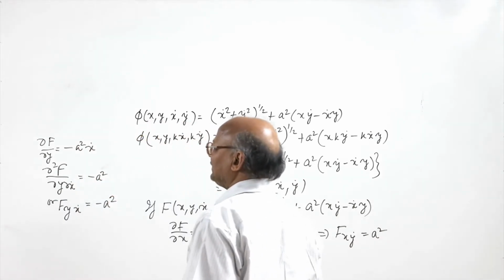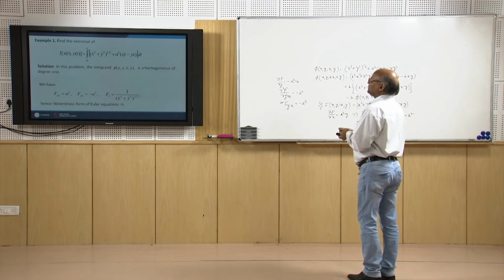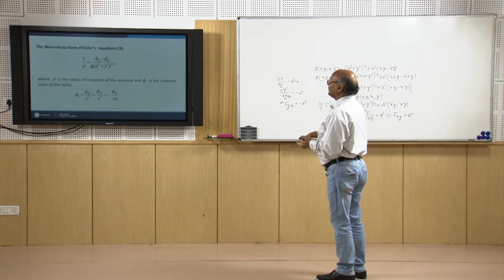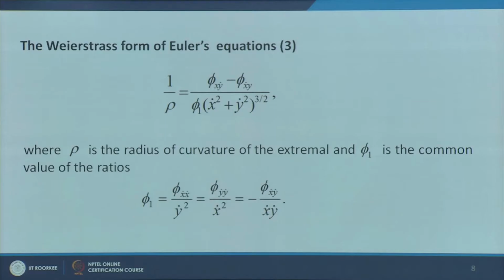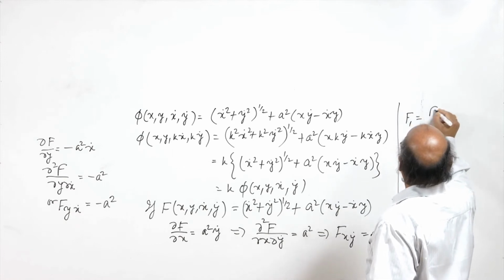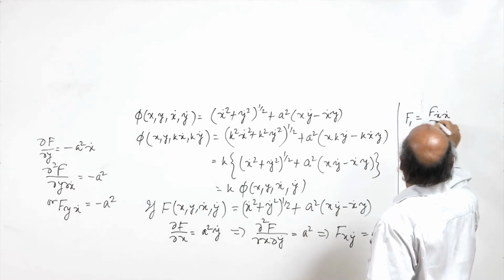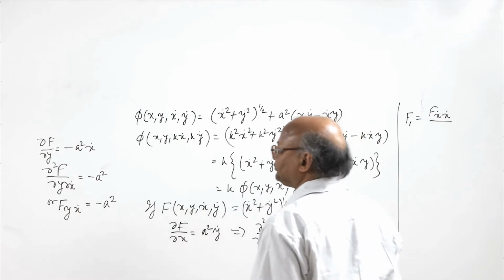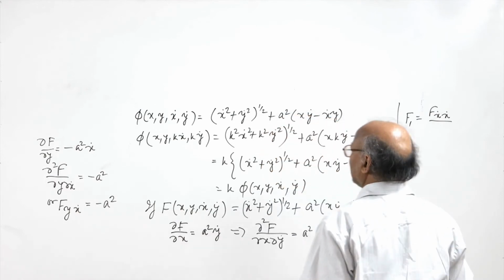Now in order to find f1, f1 means phi 1. So phi 1 is phi x dot x dot over y dot square. So f1 is equal to f x dot x dot divided by y dot square.